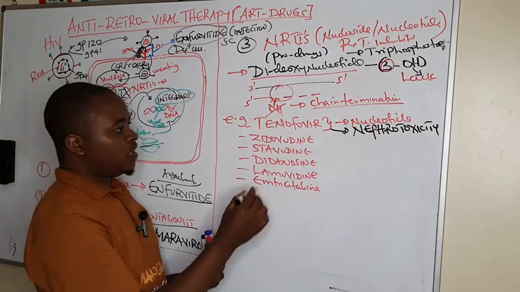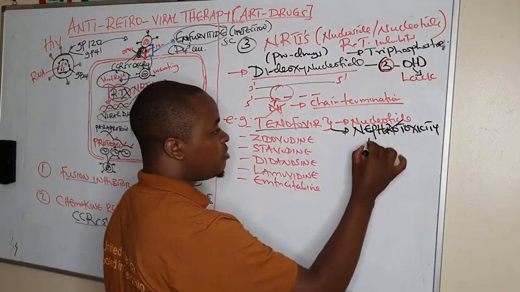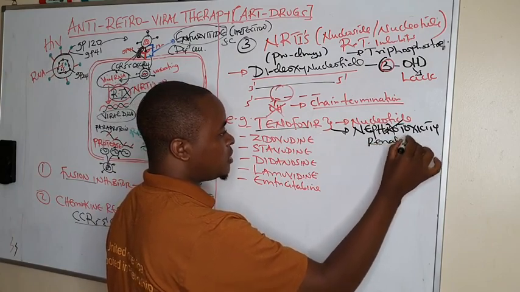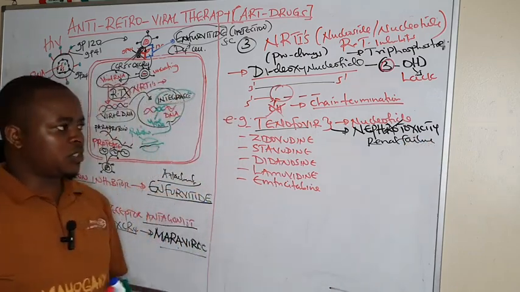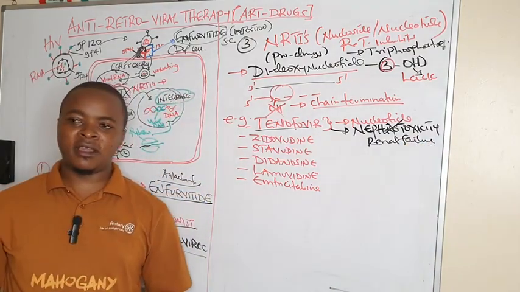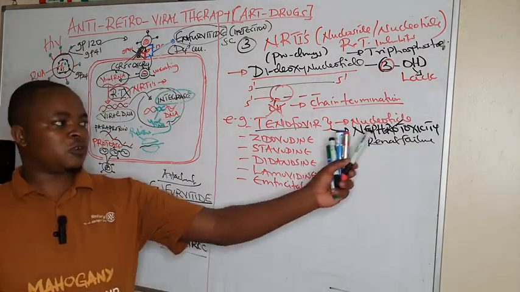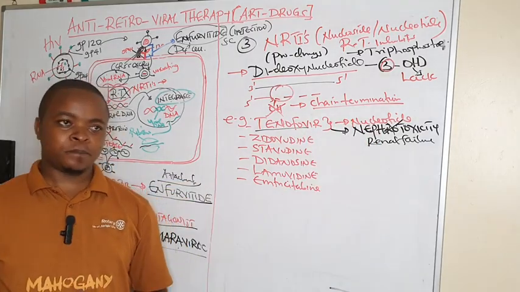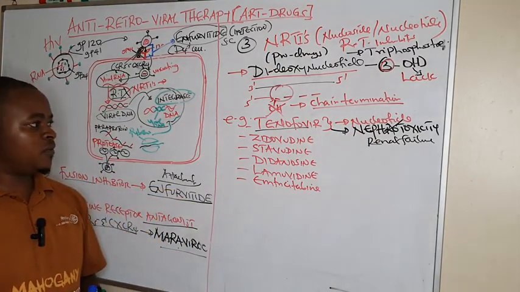So tenofovir is contraindicated in patients with renal failure or kidney disease. If a patient has renal failure, you are not supposed to give them tenofovir because it will cause more harm. And it is the only nucleotide which we have.